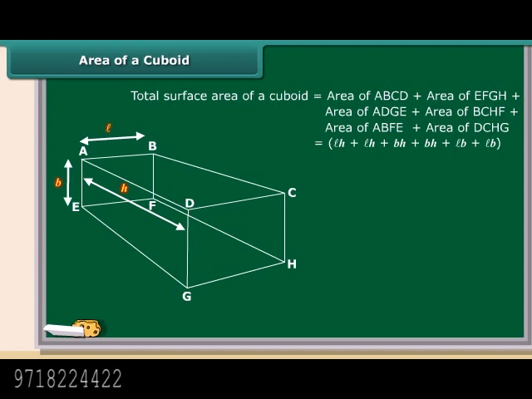Therefore, the total surface area of a cuboid is equal to 2 into (LB plus BH plus HL).